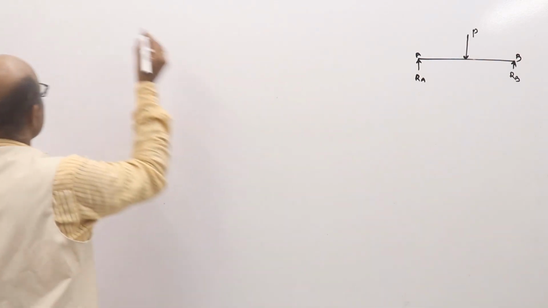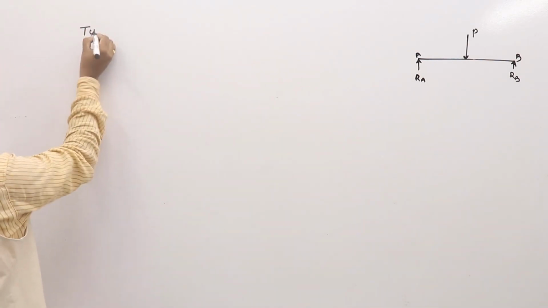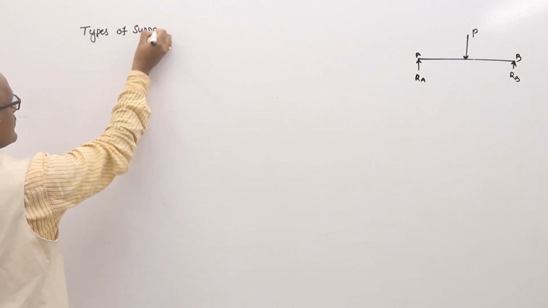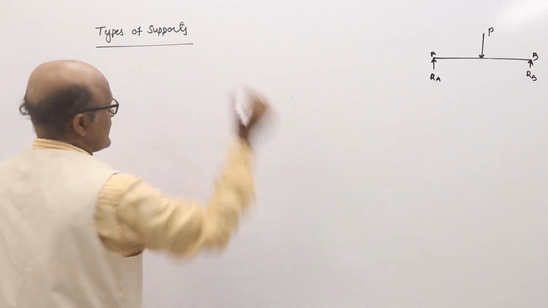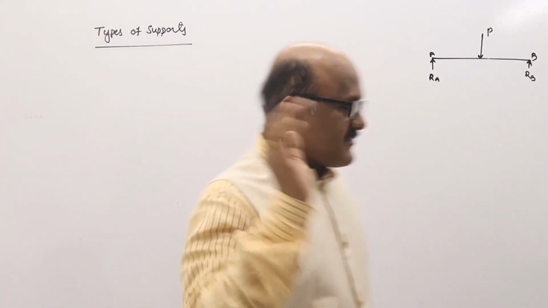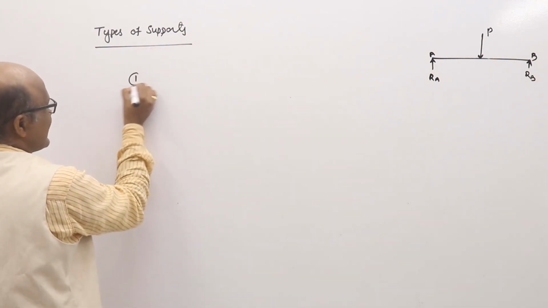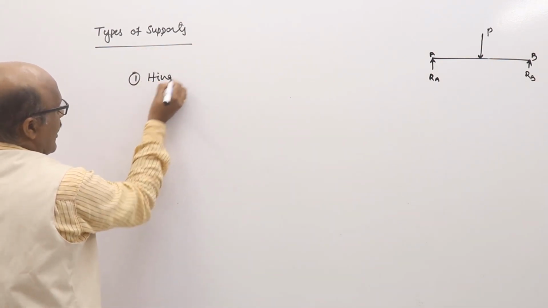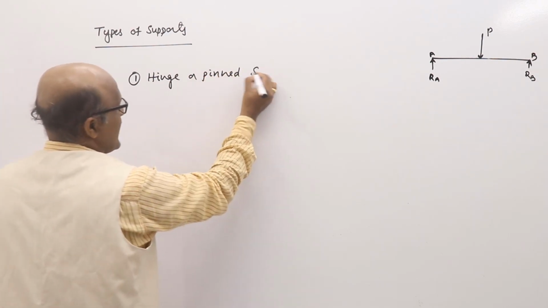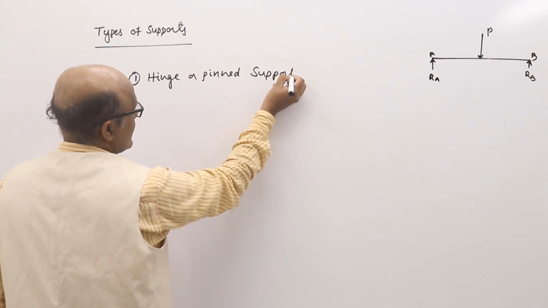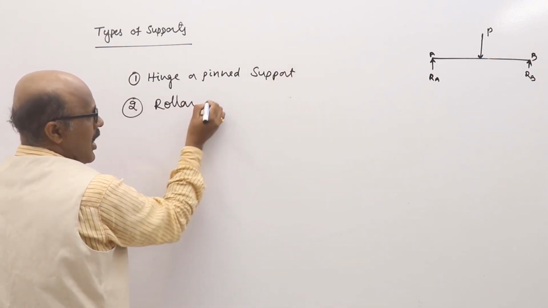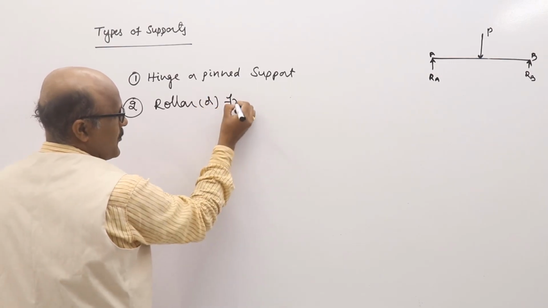Now, the next concept: types of supports. There are three types of supports, my dear students. The first one is hinge or pinned support. The next one is roller or frictionless support.